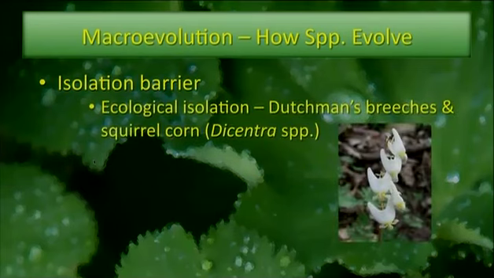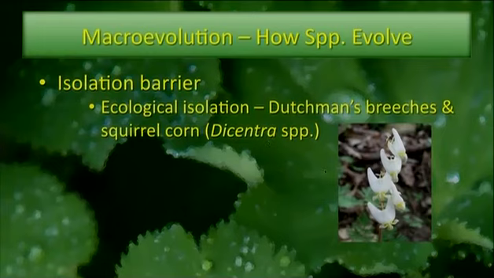Another kind of isolation barrier that's prezygotic is ecological isolation. Dutchman's breeches actually looks sort of like baggy pants. It is an early spring flowering plant, and it grows together in the same places as squirrel corn. They're the same genus, but they're different species.